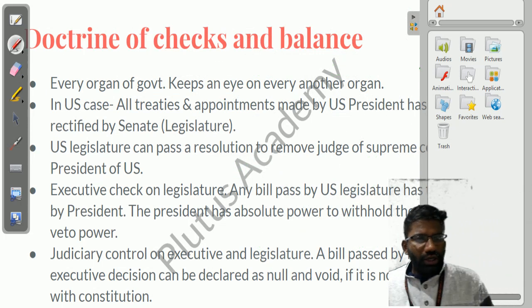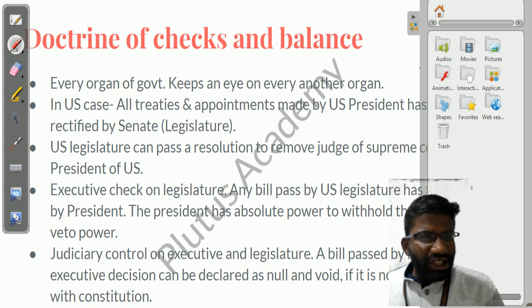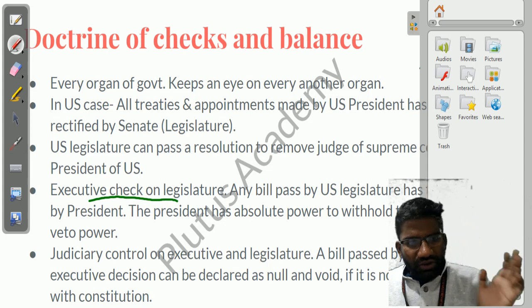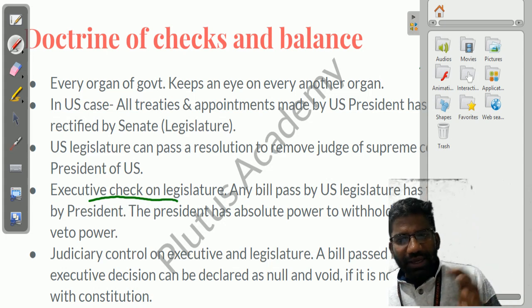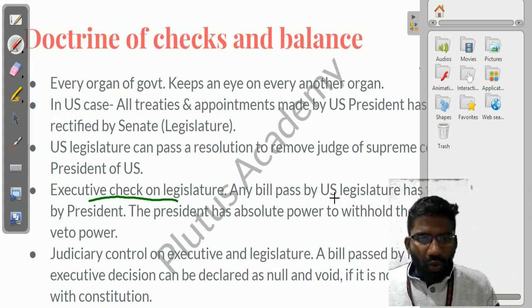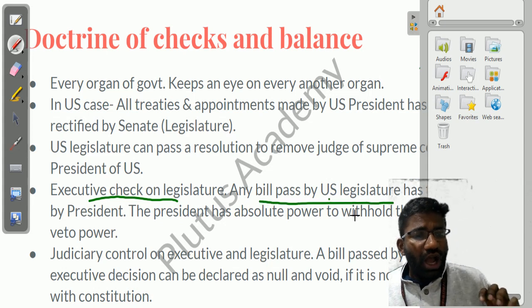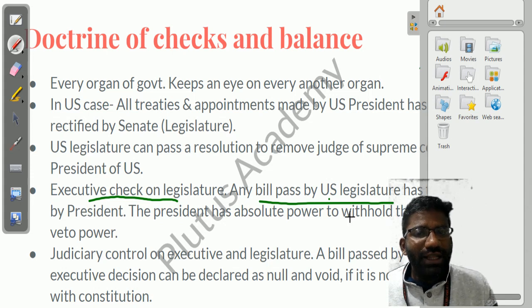Now we will move on to the third case, executive's check on legislature. See, we have to treat each organ equal and keeping an eye on the other's check. Now, any bill that is passed by the US legislature has to be ratified by the president.